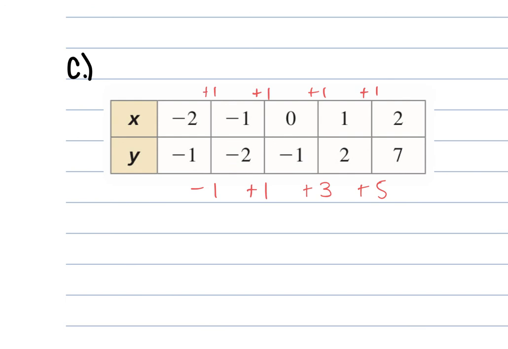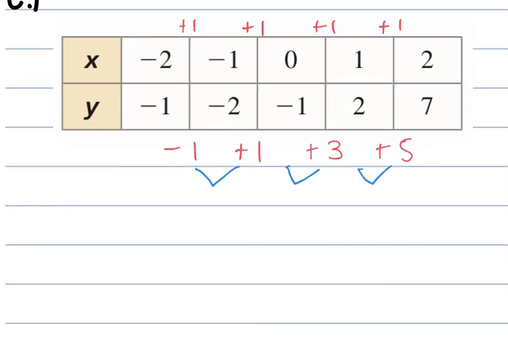The second difference is finding what's the space between these differences. So, between -1 and +1, what's the difference there? We're adding what? 2. Between 1 and 3, what's the difference there? We're adding 2. Between 3 and 5, we're adding 2.